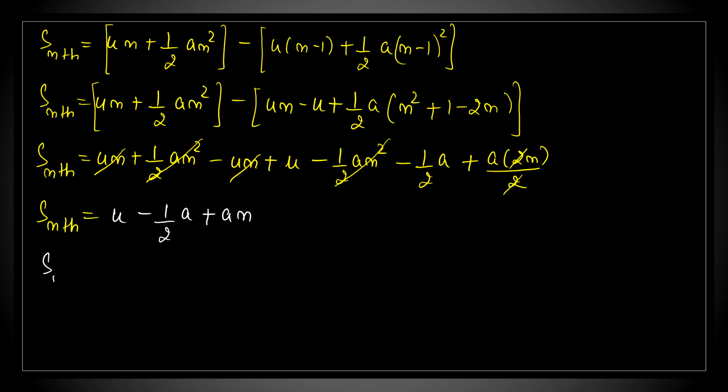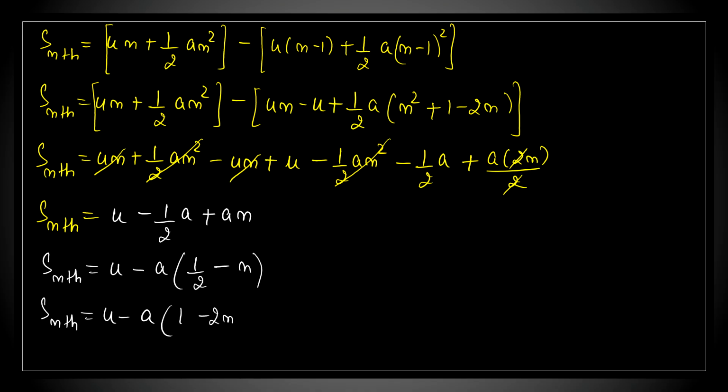Then s nth equal to u, but taking a common, then we get a into half minus n. Then taking LCM, s nth equal to u minus a into 1 minus 2n upon 2.